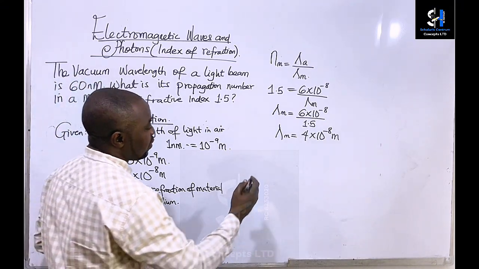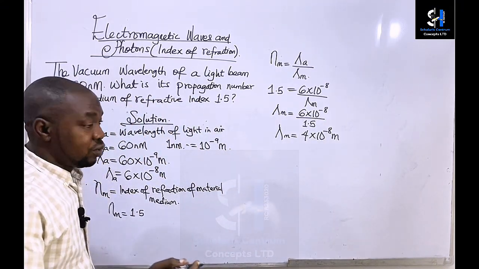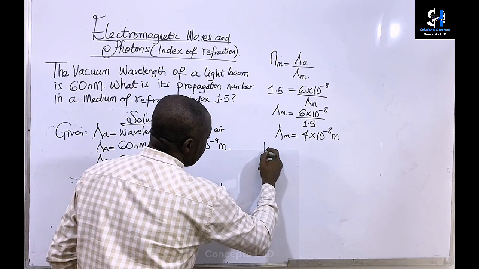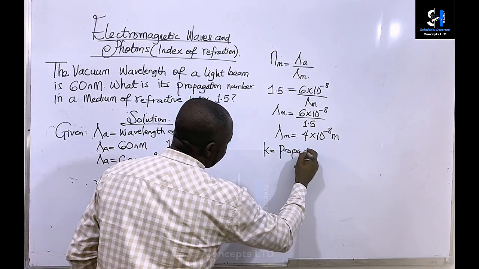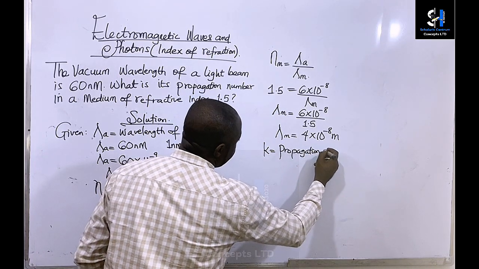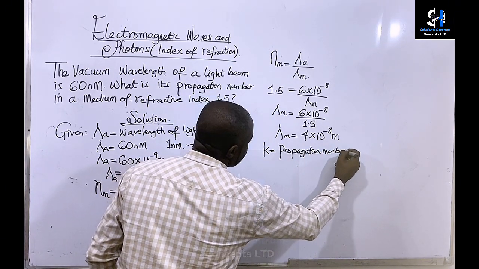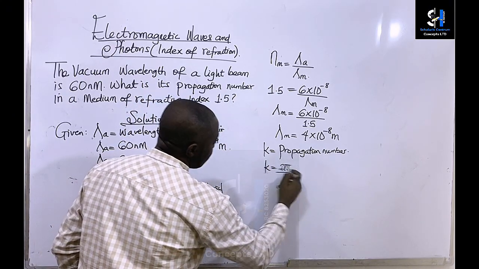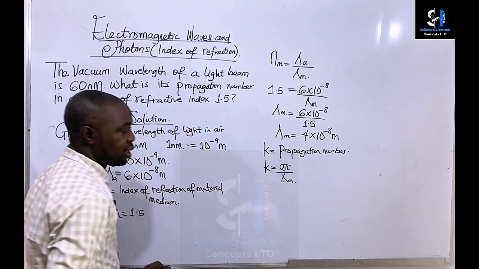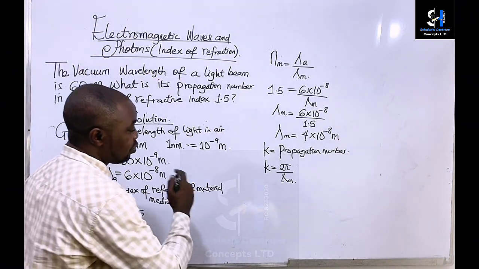To calculate the propagation number, K is the propagation number, and K equals 2 pi over the wavelength of the material medium. Let's plug in the values.